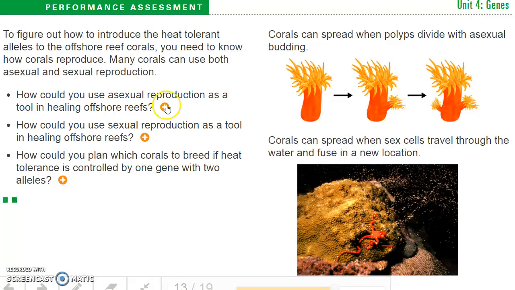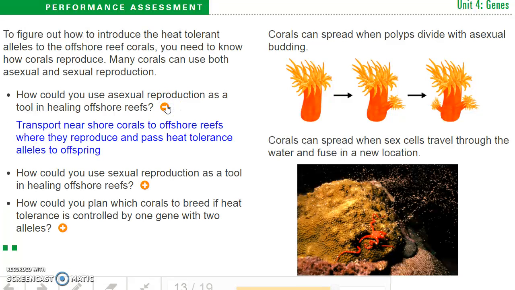Okay, so here are some possible answers that you may have gotten. If you want to use asexual reproduction, you could transport near-shore corals to offshore reefs where they reproduce and pass heat tolerance alleles to the offspring.